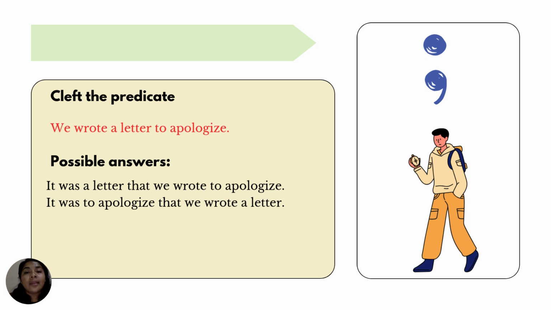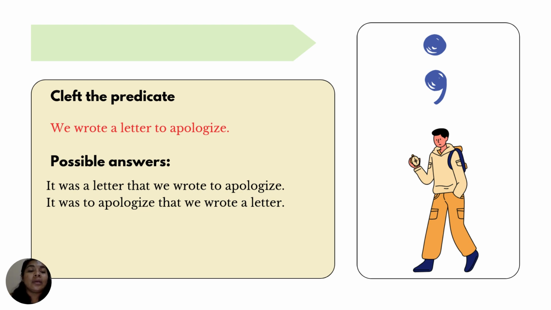Remember, the test was easy because I underlined, because you probably were going to be confused, and that is why I did it like that. I underlined. But remember that I gave you a pre-test. In there, I just asked for clefting the predicate. In that case, you are free to choose if you want to cleft a letter or if you want to cleft to apologize.